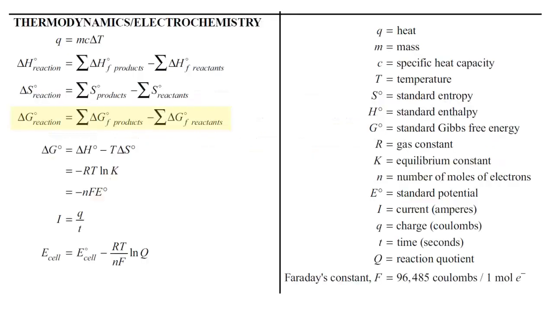And here you can see, as I had mentioned earlier in this video, this equation involving products minus reactants to calculate the standard free energy change for a reaction. This is one of the equations that is featured on the AP Chemistry equations and constant sheet.